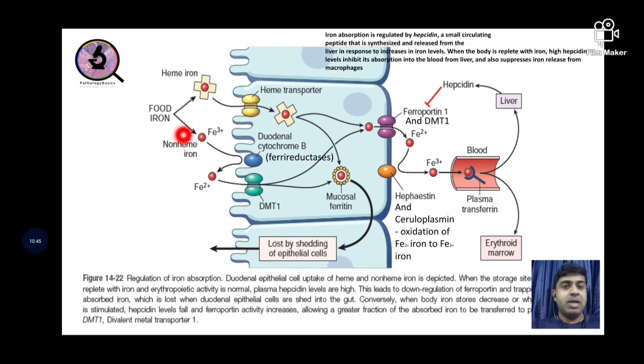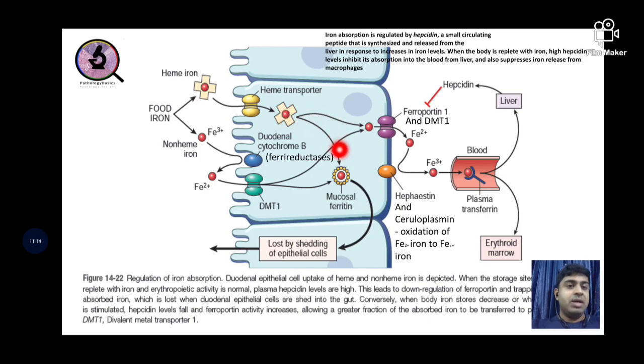There is heme iron in the food, or there is non-heme iron. If heme iron is there, it is directly transported inside the liver cells. If it is non-heme iron, it takes the help of duodenal cytochrome B or ferric reductase enzyme, which converts ferric iron to ferrous iron. Ferrous iron is then absorbed. It is then converted into mucosal ferritin and stored. Whenever required, this ferritin can be converted back, right?